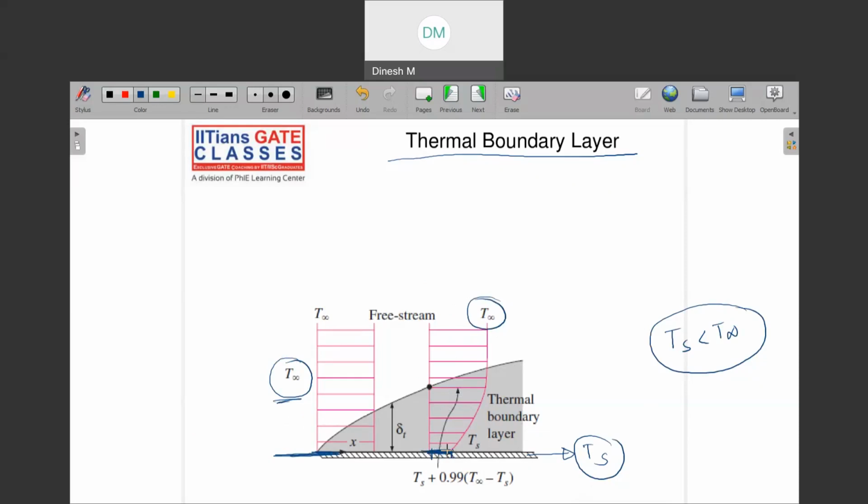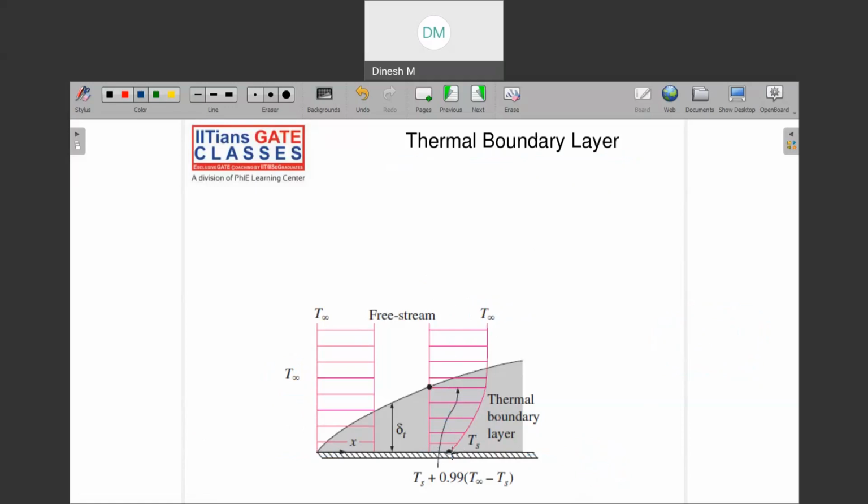Then what do you see? That here you have less temperature, and then this temperature is slowly approaching whom? The free stream temperature. Can you see that this fluid layer which has come into contact is slowly approaching whom? T infinity. So that is why my profile is looking like this, where I am trying to increase my temperature.